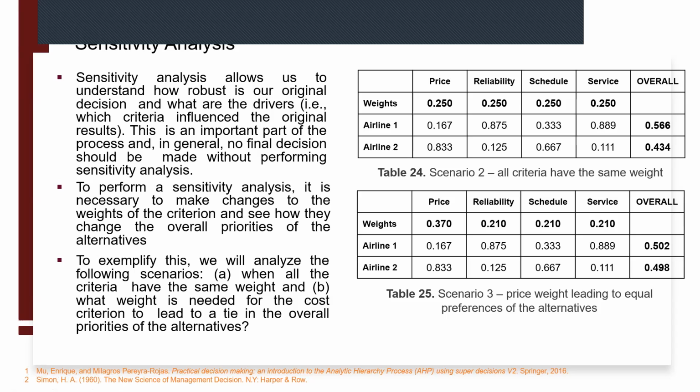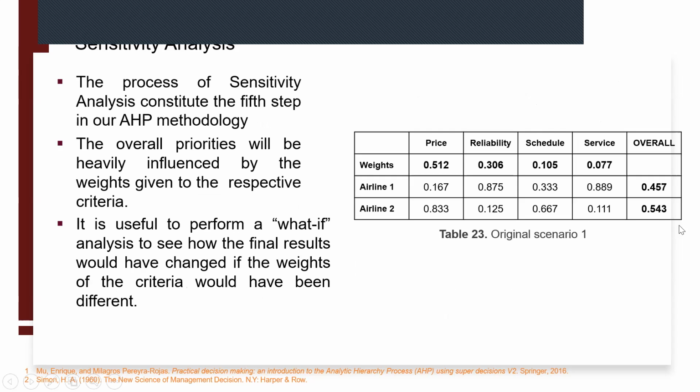So the sensitivity analysis allows us to understand how robust the original decision is. Now, what is the driver? So it says here, which criteria influence the original result? The original result favored, I just want to remind you, airline 2.